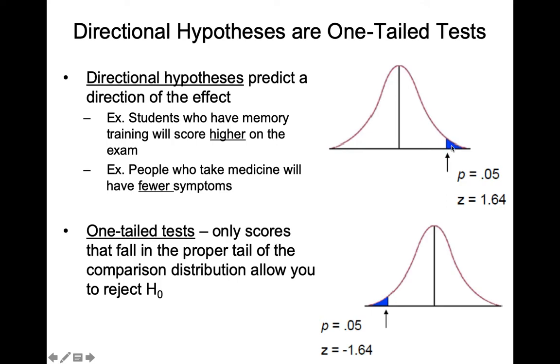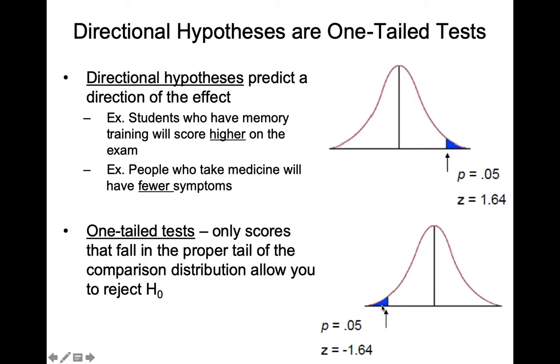So we've got this single region of significance only in one tail of the distribution. When we've got a hypothesis that we should see a reduction, like a reduction in symptoms, we're going to place our critical region in the opposite tail of the distribution because we're predicting a reduction or a decrease from average.